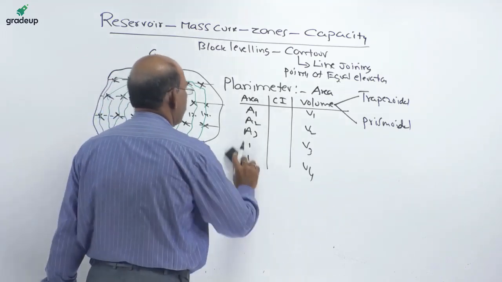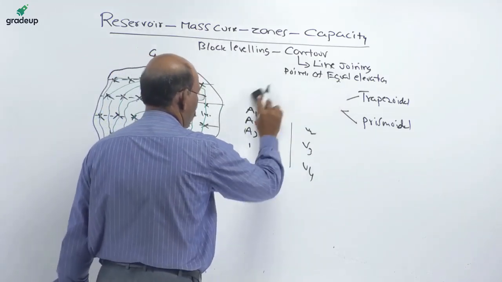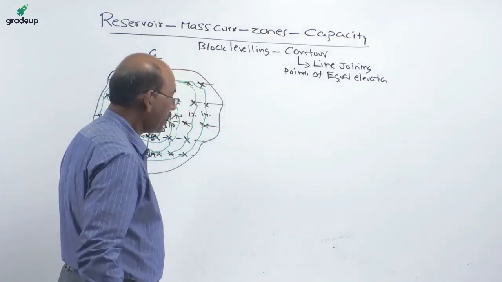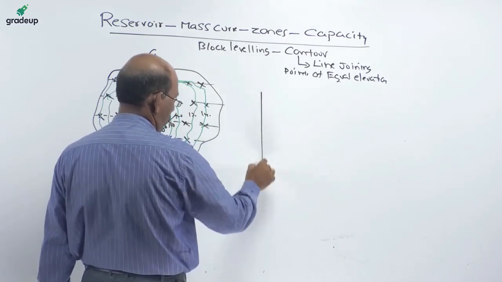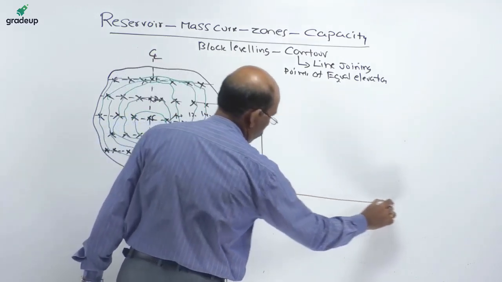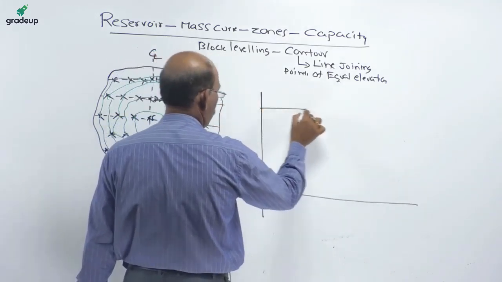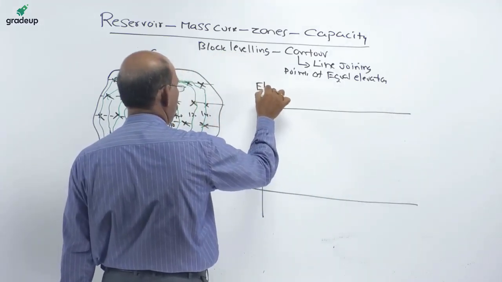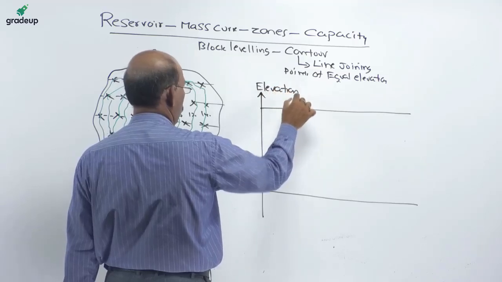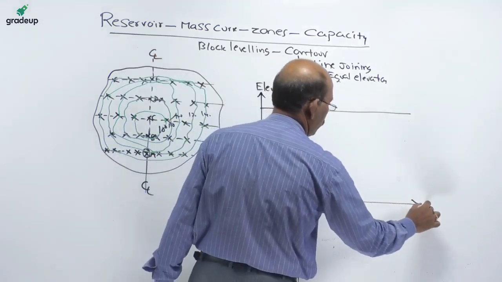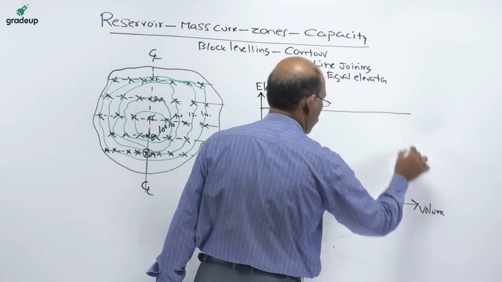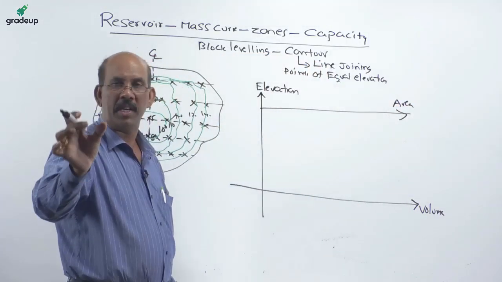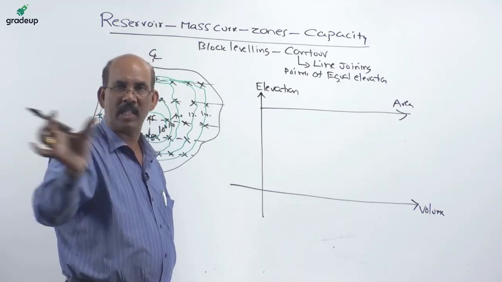This graph is like this. This is the elevation, this is the volume, this is the area. So we have the interval, that is elevation versus the volume.